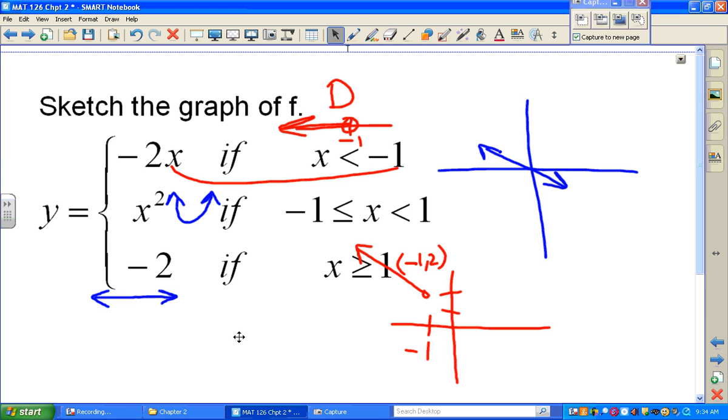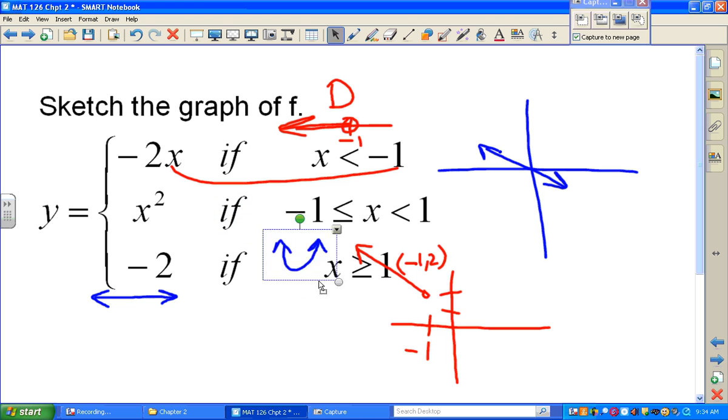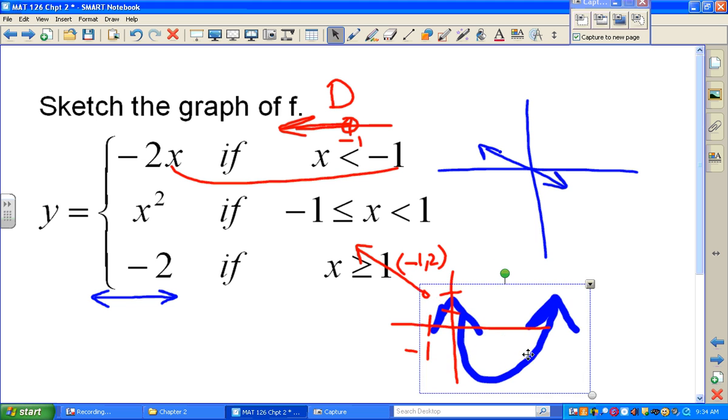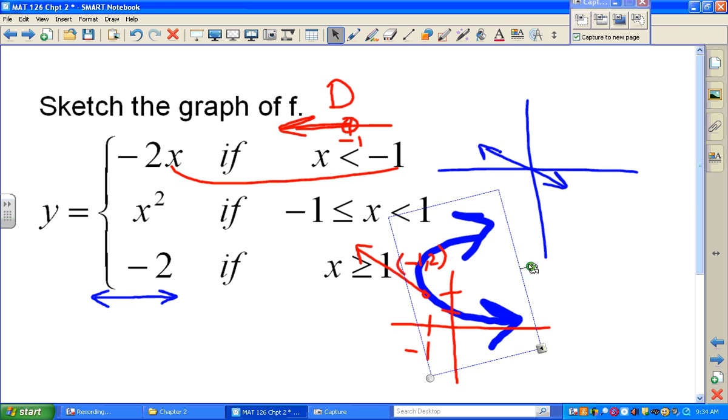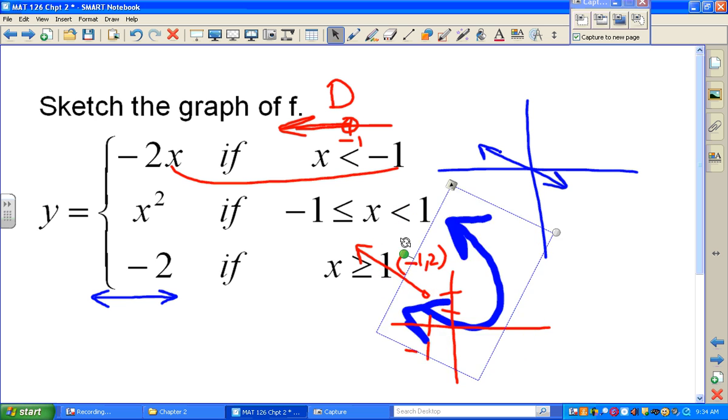Oh, now I got to put this equation in there. How do I know where it goes? Can't just go anywhere I want. Which way?